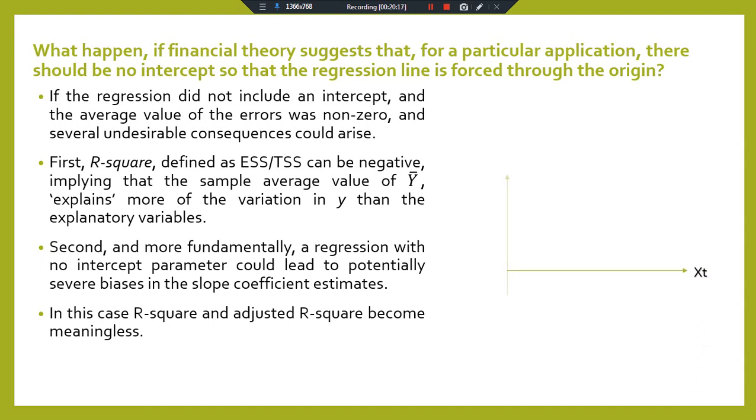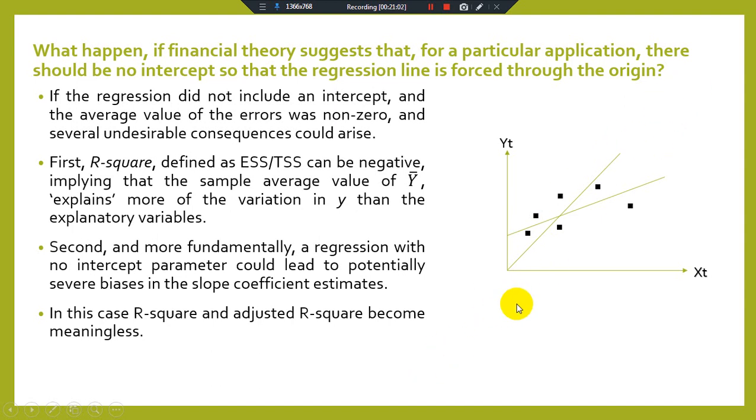Okay, let's see. We have the independent variable and dependent variable, and some outcomes of them, and here we have the estimated regression line. Let's see if we start from the origin. This estimated line started with an intercept, and this estimated regression line started from the origin. If we follow this estimated line, it shows a straight line relationship between the independent and dependent variable, but this other estimated line does not show a straight line relationship.